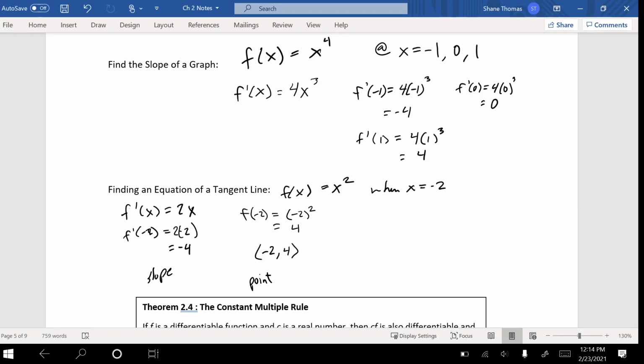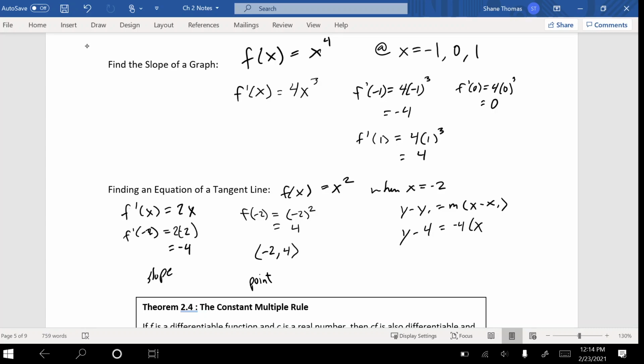Now I use point-slope formula. y minus y1 equals my slope, x minus x1. You better remember that one from algebra, and trig, and algebra 2, and intermediate algebra, and pre-algebra. All right, plug it in. So y minus my y term of 4 equals my slope, x minus my x term.